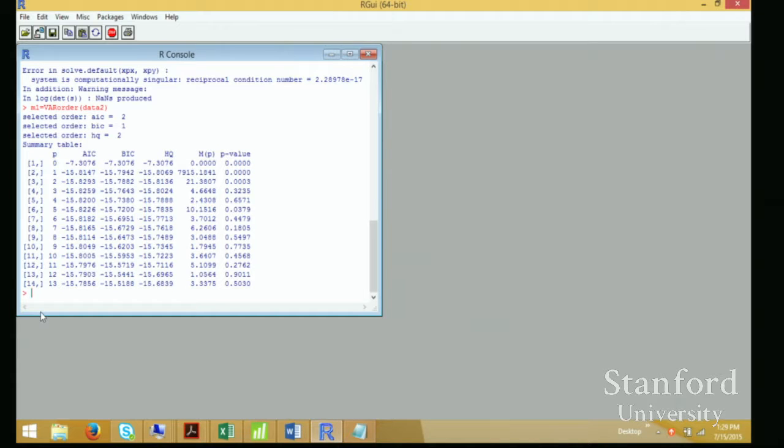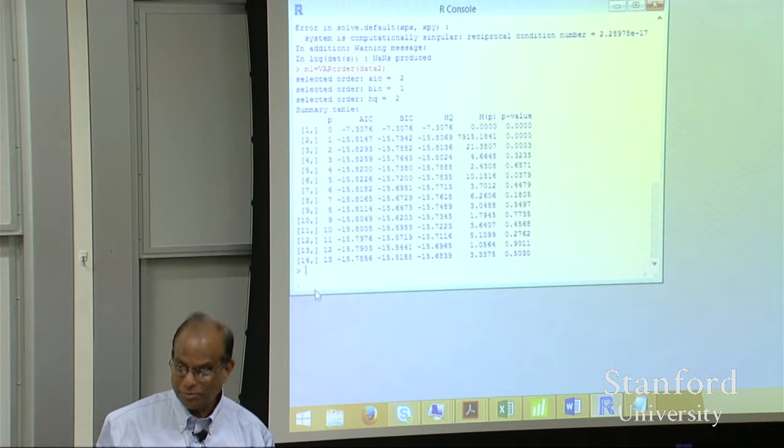Okay. So when you run this vector autoregressive model, you can see that AIC says that you need to have lag 2, BIC says lag 1, and Hannan and Quinn says lag 2. I generally tend to use BIC because they tend to give you more parsimonious model. Okay.